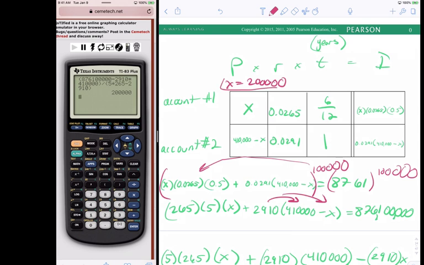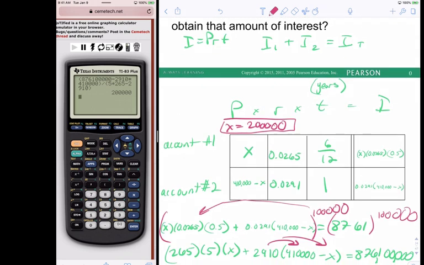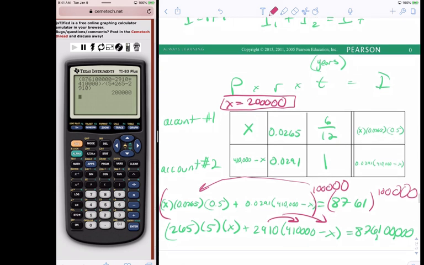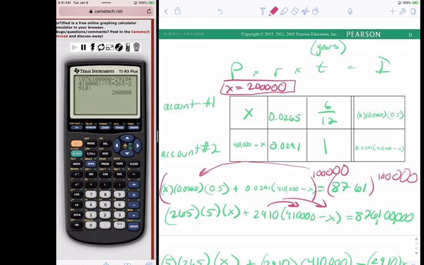Is that reasonable? Because remember, we started with how much? 410,000, right? So if we're putting 200,000 into the first account, it sounds like we're going to put 210,000 into the second account.